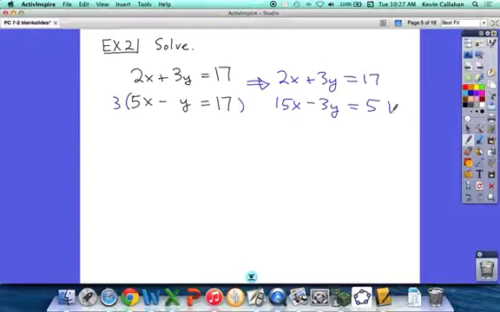Okay, so we just created this situation where our coefficients are opposite. Okay, this system, which does not look the same as the system we started with, is called an equivalent system. It'll have the same solution. The graphs of each line won't be changed by multiplying both sides by the same thing, and the solution will be the same. So this is an equivalent system.